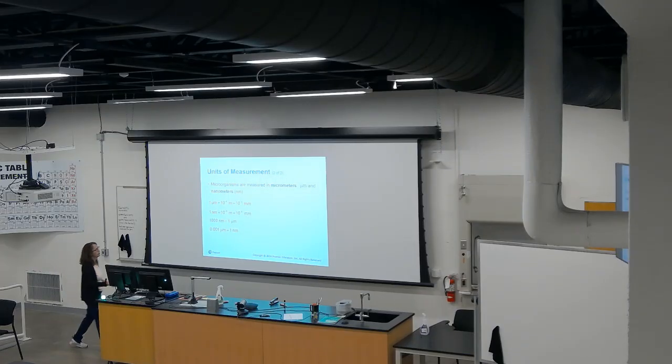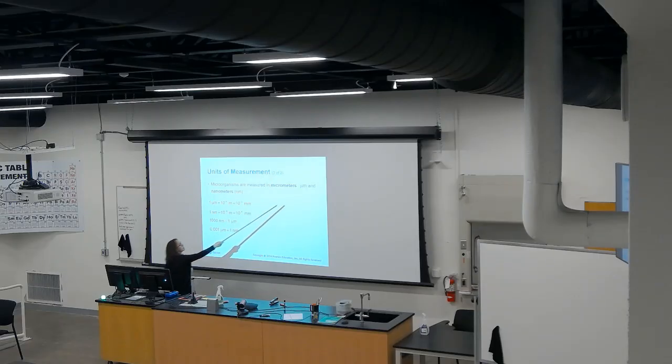The Greek letter mu, this one, is used before a lowercase letter m to denote micrometers. And viruses, which are small, can be measured in nanometers. In this case, you use nm as an abbreviation.